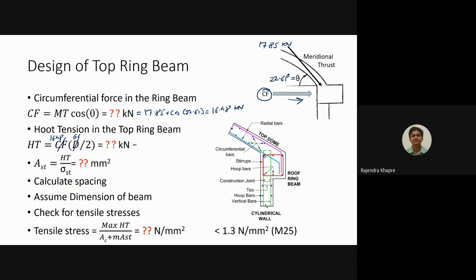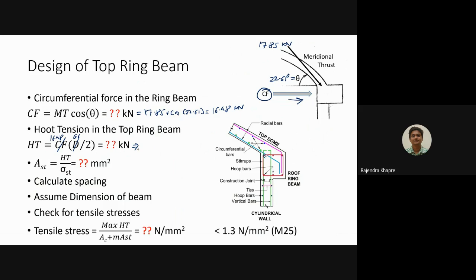How much is the hoop tension? 54.38, correct?